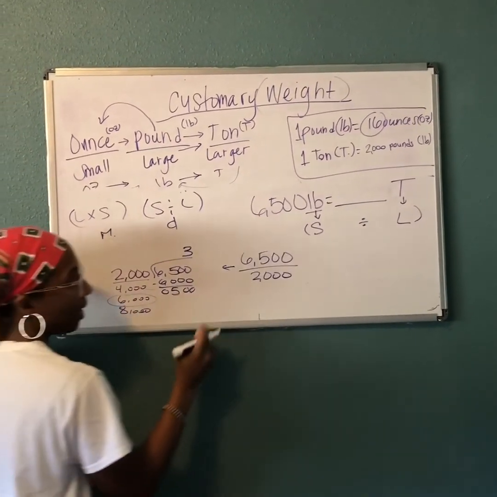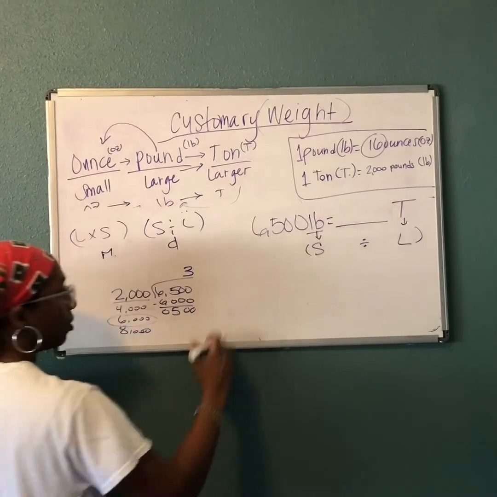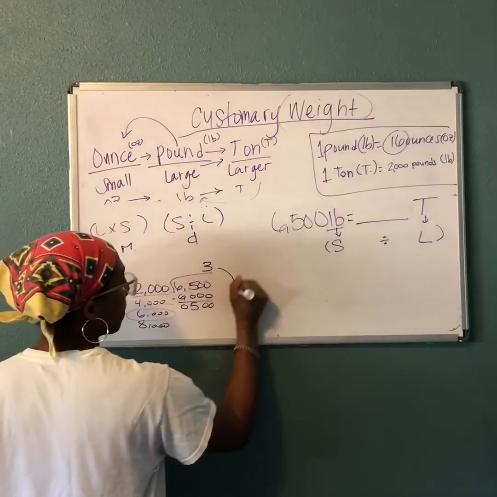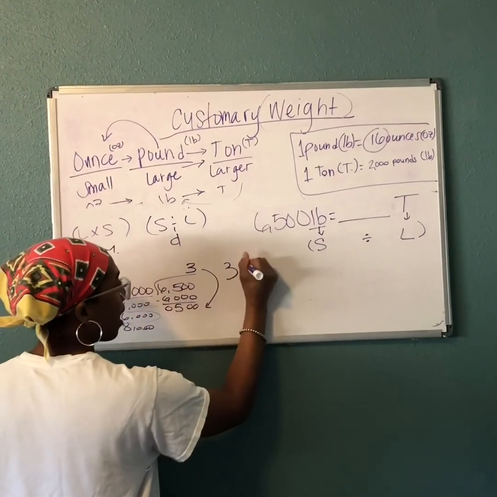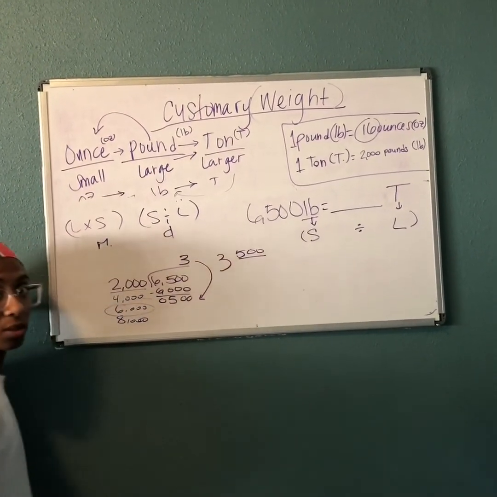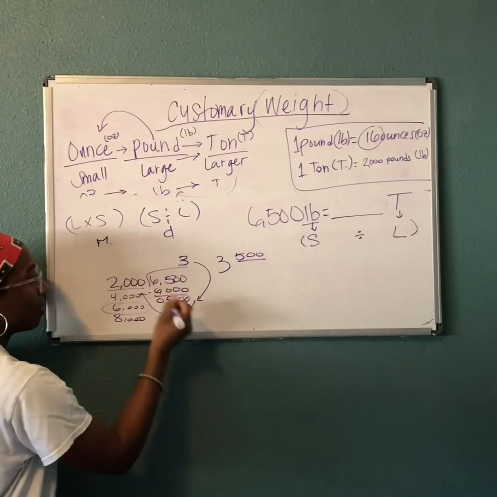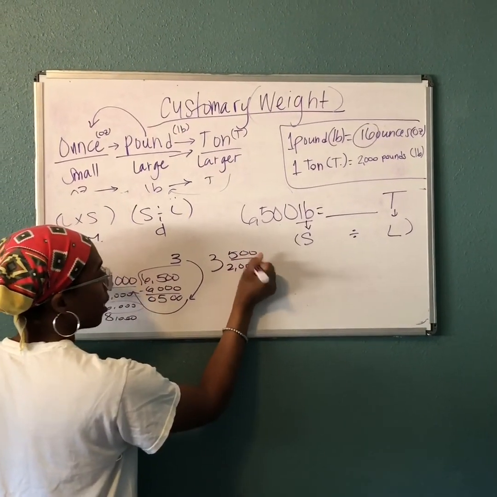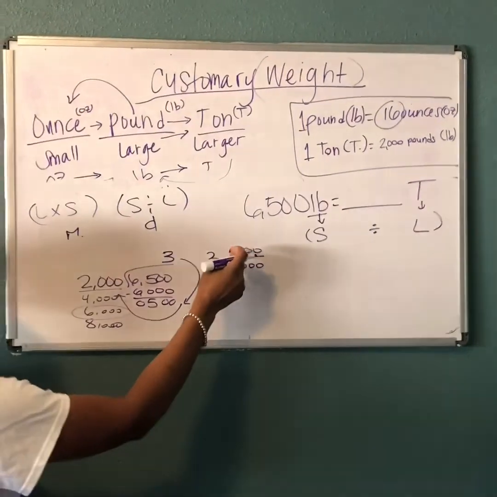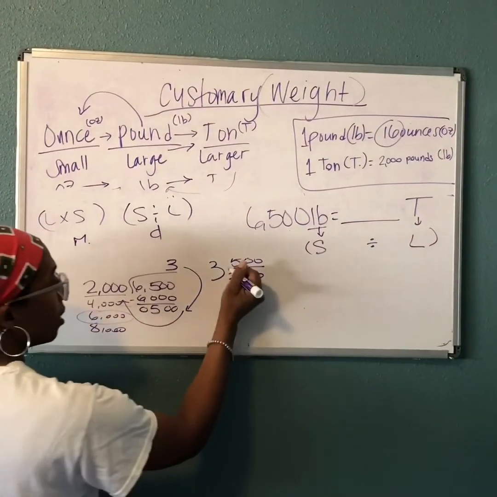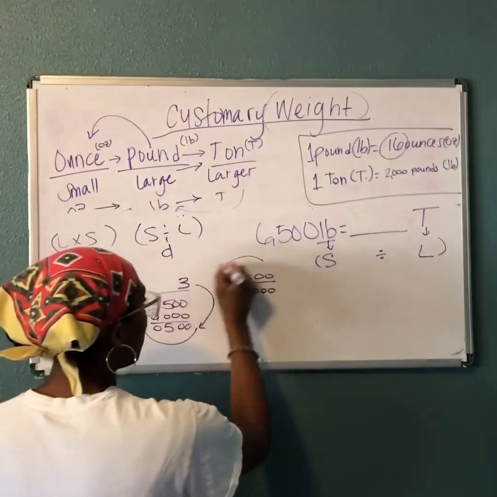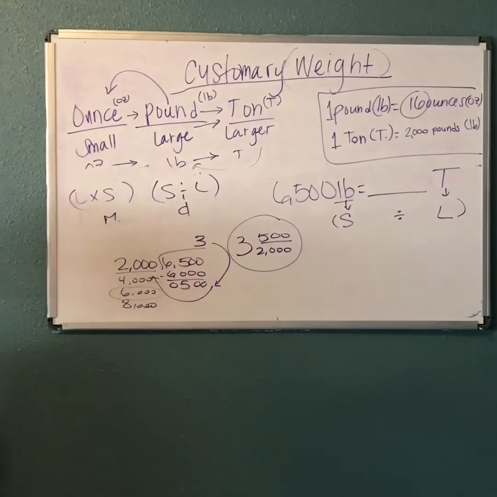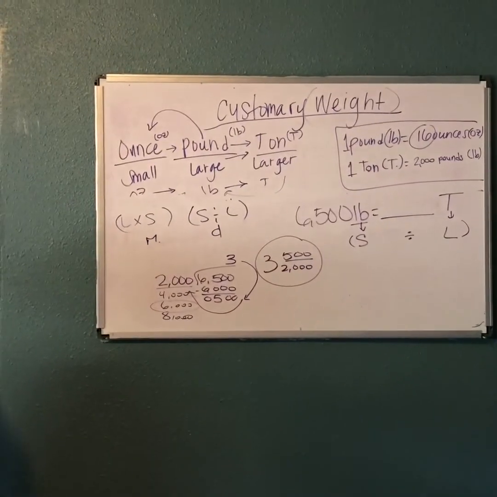So our answer would become 3 for the whole number, 500 for your part, and 2,000 for your fraction. 500 is just part of the fraction. Okay? This is your whole number, so we have a mixed number. Right? Boom. That's what we're working with.